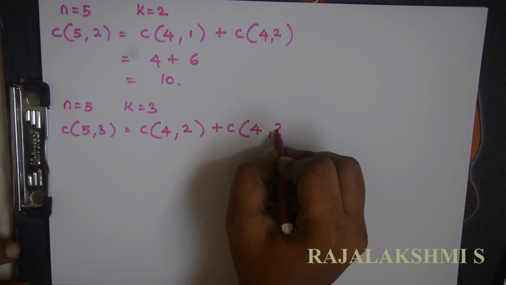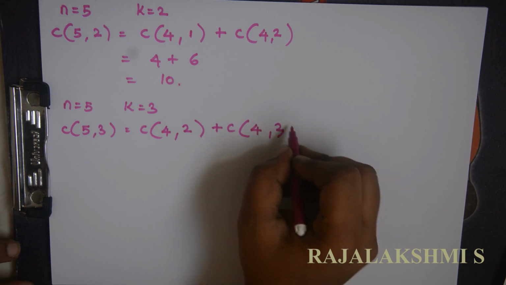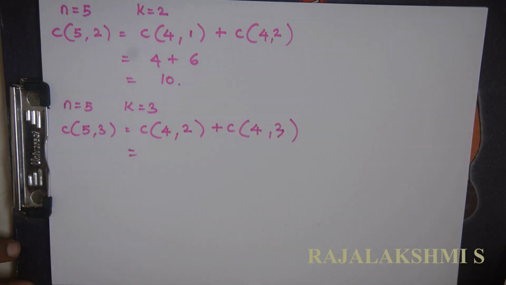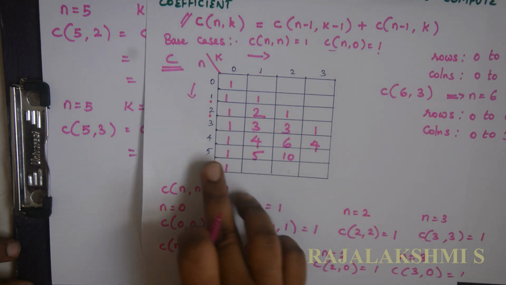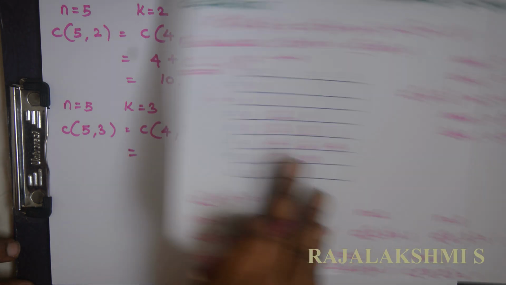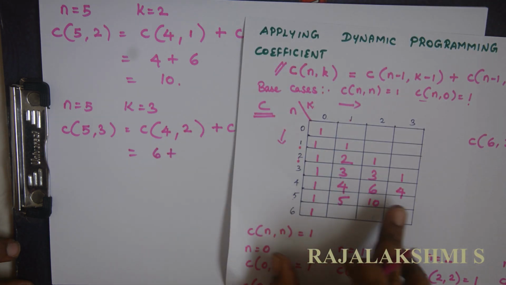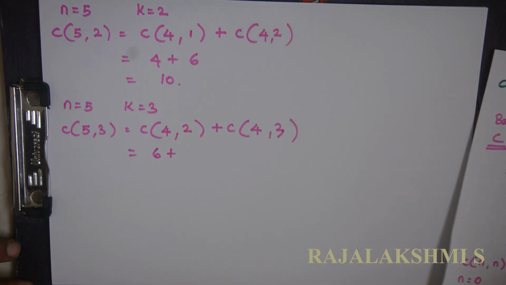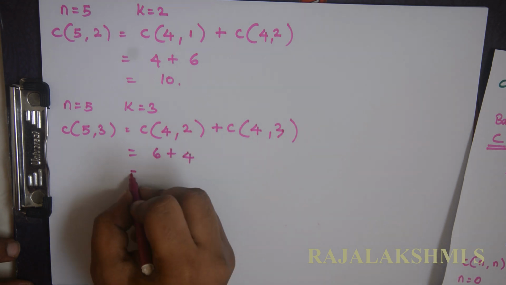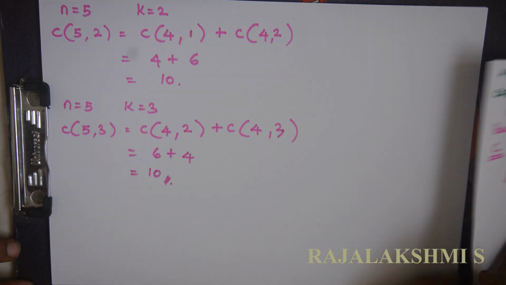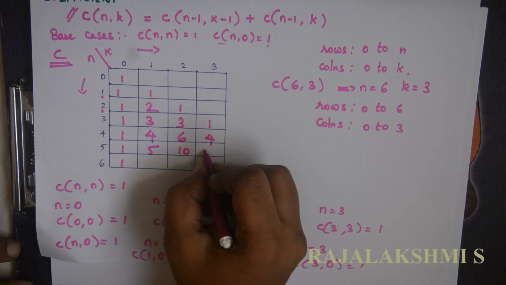No, sorry, it is k actually, so it is 3. So C of 4 comma 2, which is 6, plus C of 4 comma 3, which is 4. So it will be equivalent to 10. So C of 5 comma 3 is also equivalent to 10.